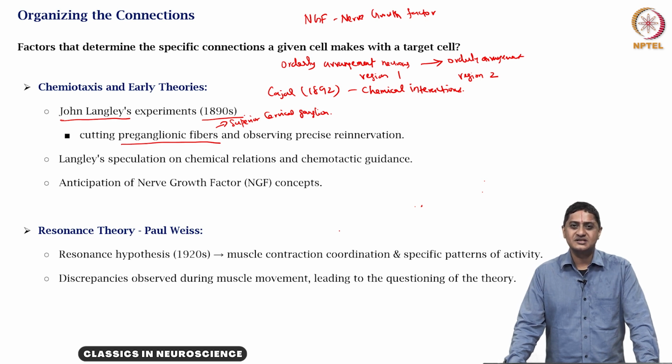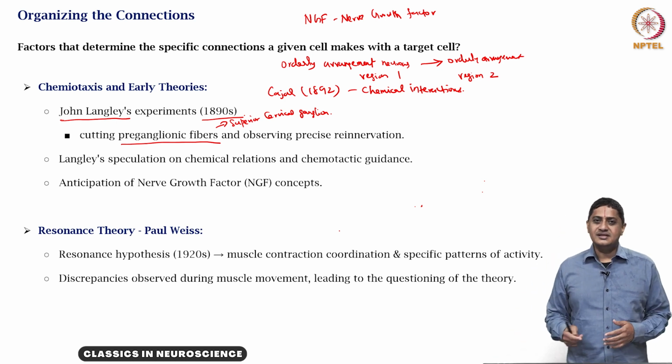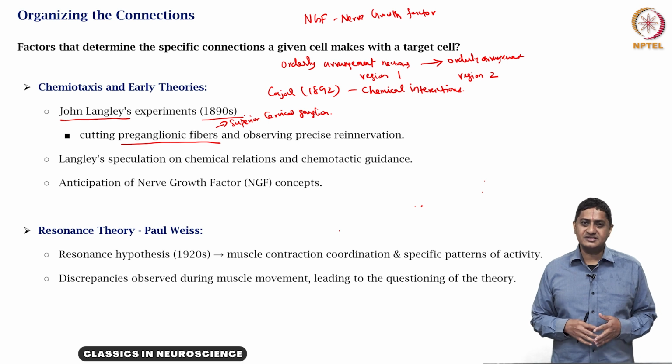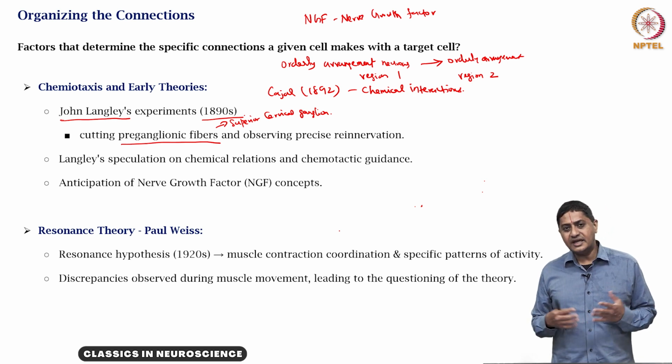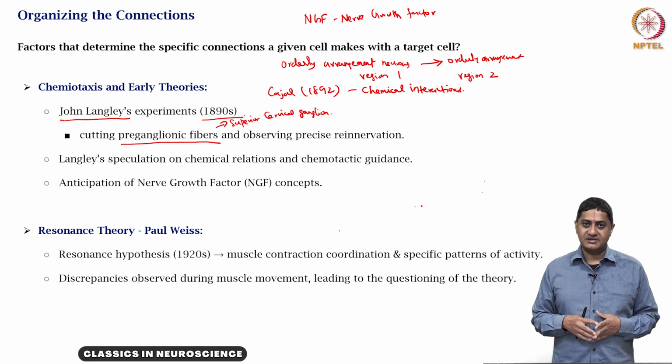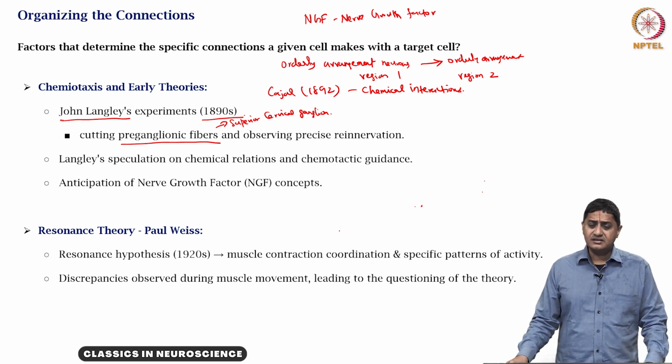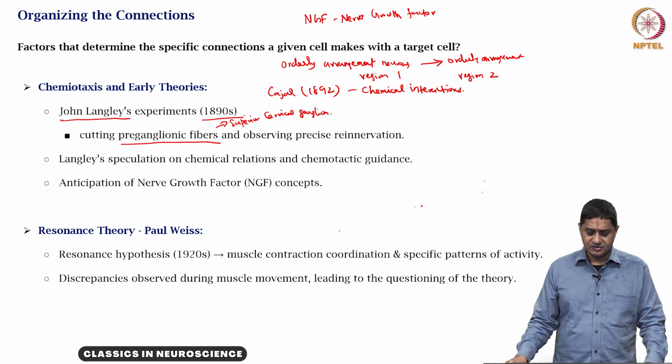Reinnervation is this process in which there is restoration of dead cells. So, when you cut, these neurons go back and try to identify their target cells and again connect, make new connections after the cut. So, he observed that the reinnervation happened in a precise manner.